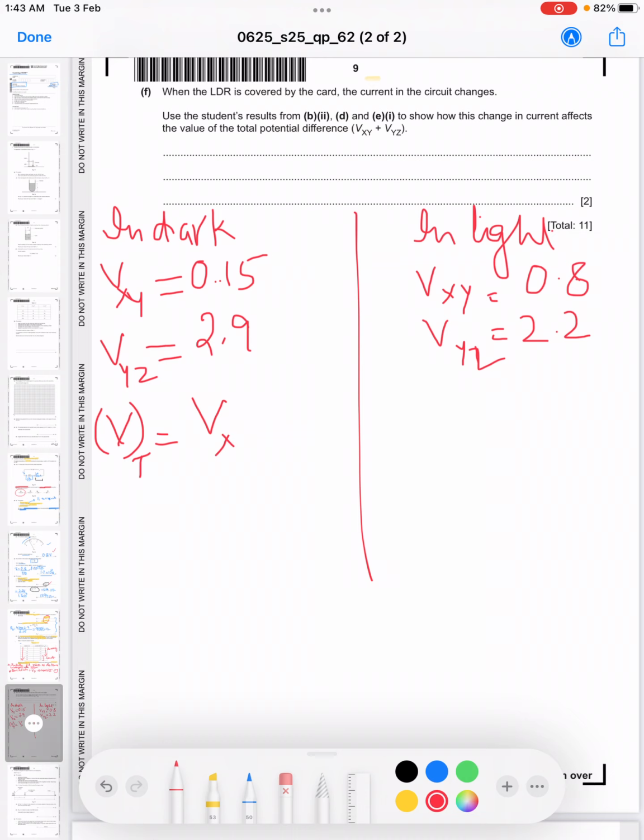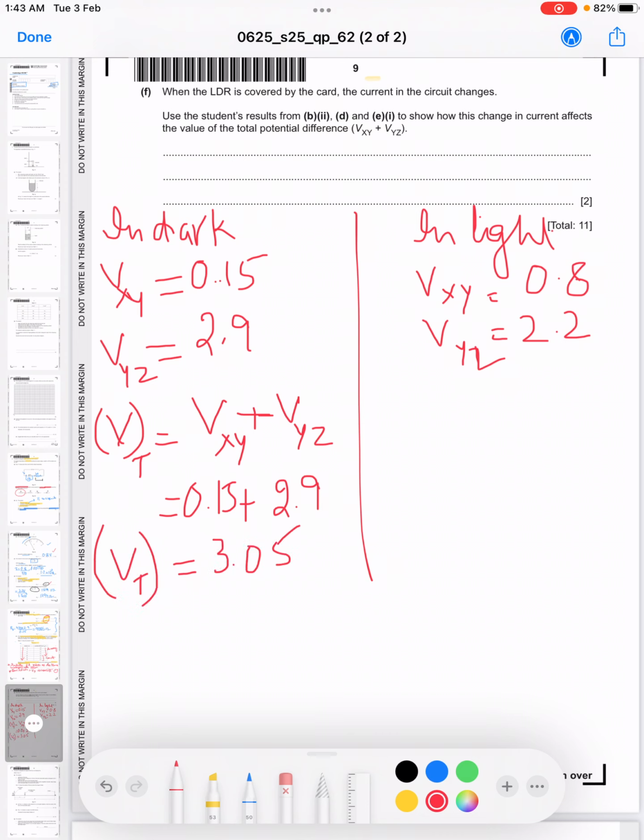Okay, so the total voltage V total equals Vxy plus Vyz. So it is 0.15 plus 2.9, it comes out to be 3.05 volts, V total in dark, right?